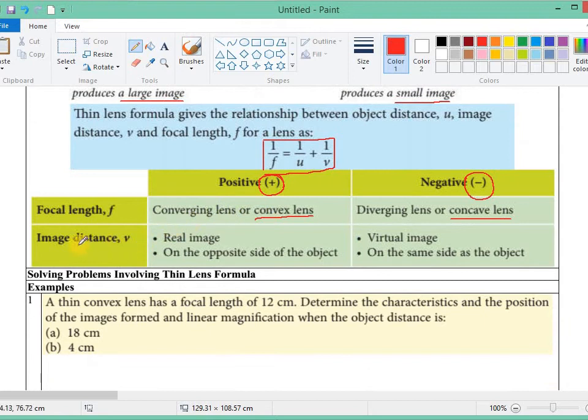Now for the image distance, if the image is a real image, then for the image distance we put a positive number. If the image is on the opposite side of the object, then we put positive.